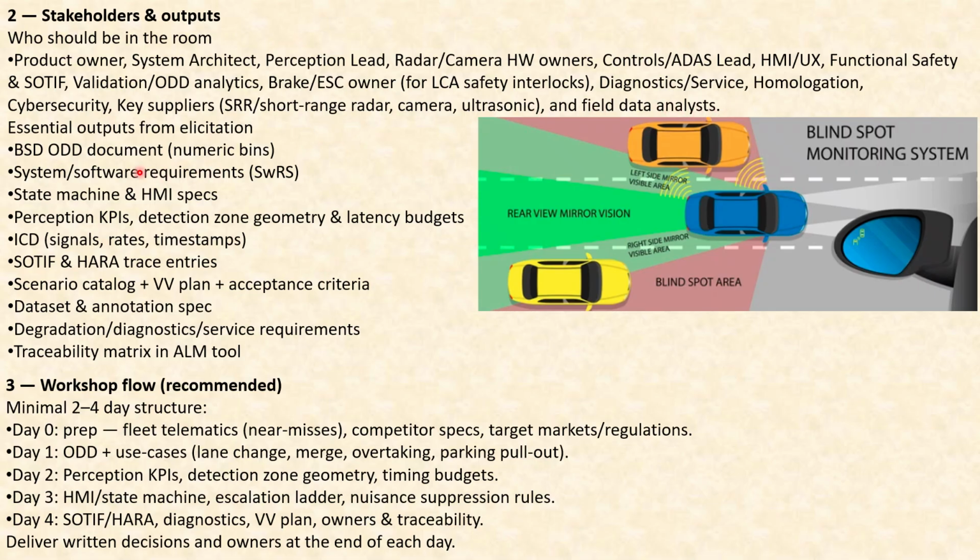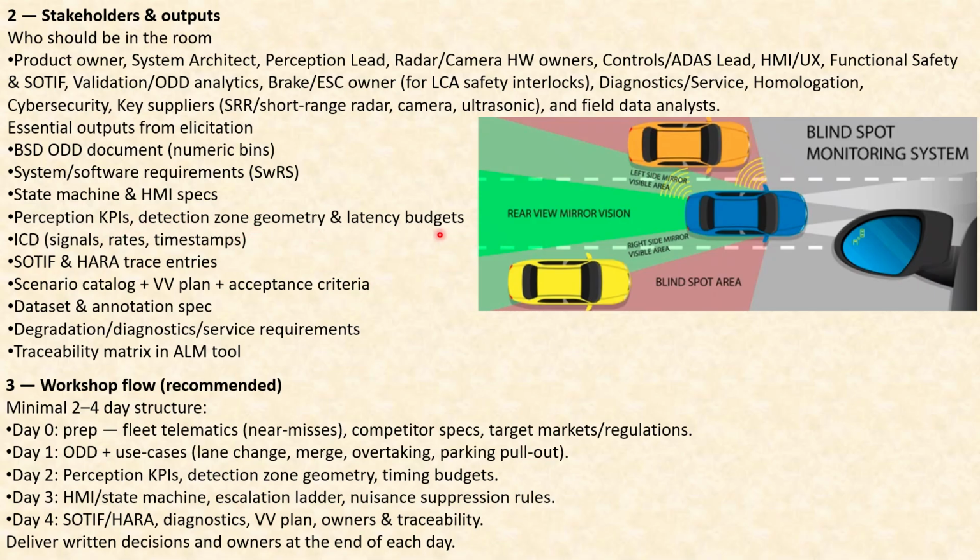Now, talking about the essential outputs from elicitation. What are the major deliverables from this elicitation step? The first is the blind spot detection operation design domain document, which includes the numeric bins or numeric divisions, systematic software requirements, state machine and HMI specifications, perception key performance indicators, detection zone geometry, latency budgets.